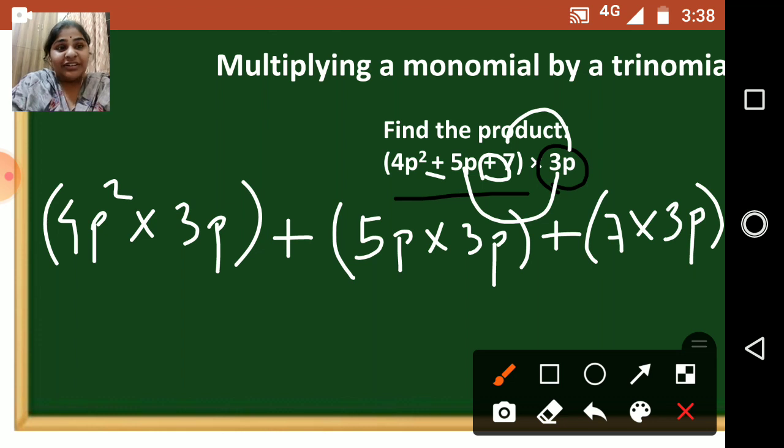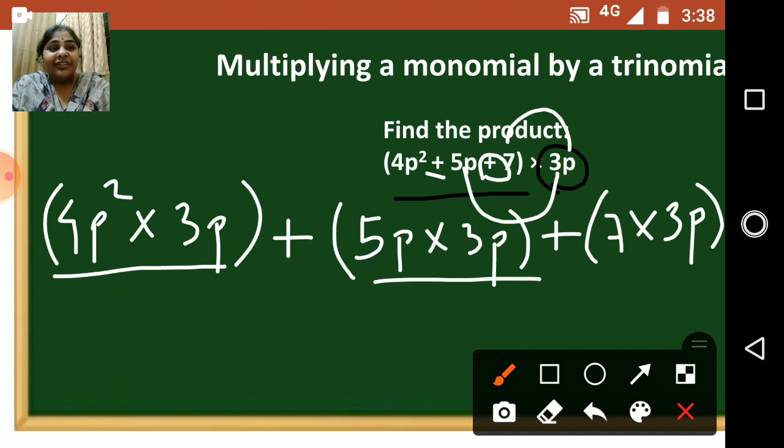Now if you observe children, each and every term in the bracket of the trinomial, I have multiplied with the 3p, that is the monomial. So we got the multiplications separately written in the bracket.